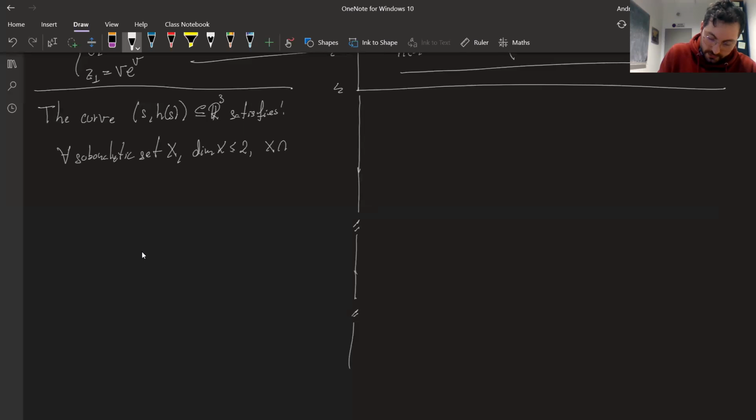I didn't give a name for the curve, but its intersection with X is only given by a finite number of points. So by this we mean that it is locally finite.